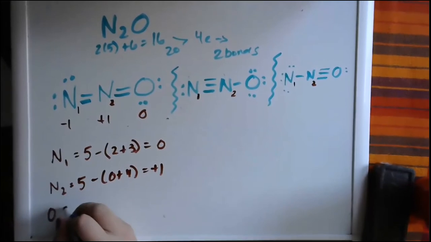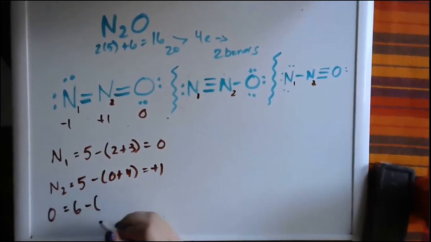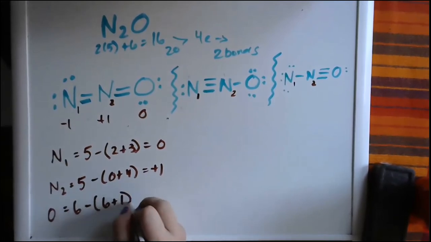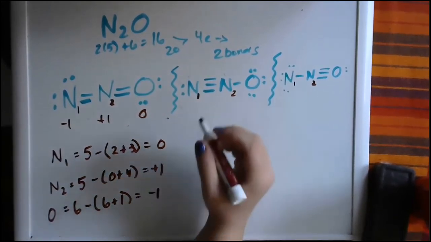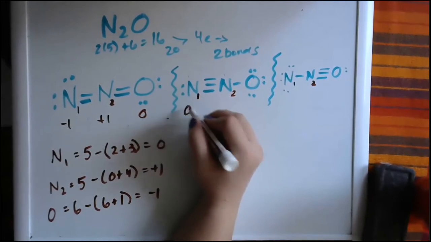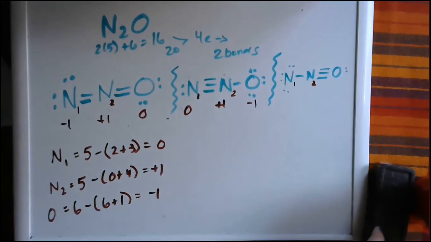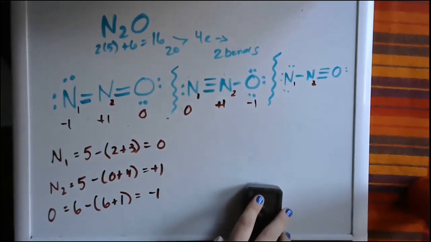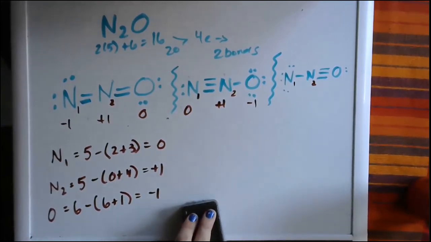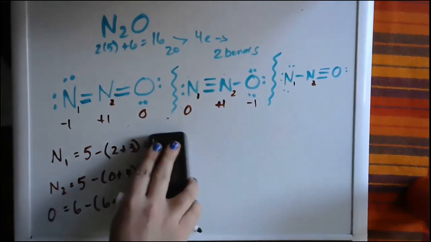Oxygen, 6 valence minus 2, 4, 6 plus 1. It's negative 1. So for this structure, I have a formal charge of 0, positive 1, negative 1. So just based on what we were talking about before, this structure already looks a little bit better.